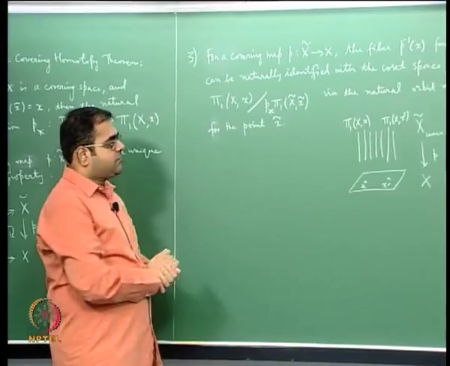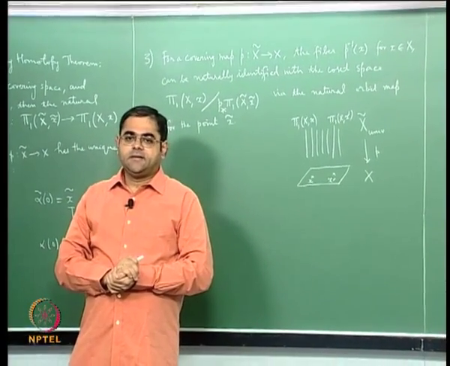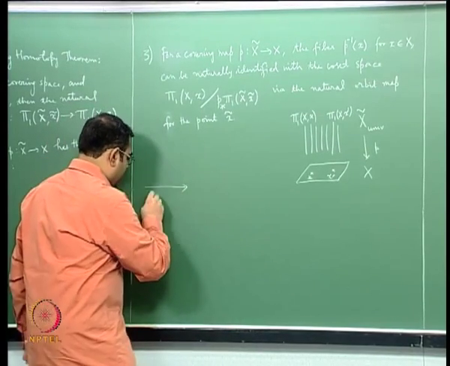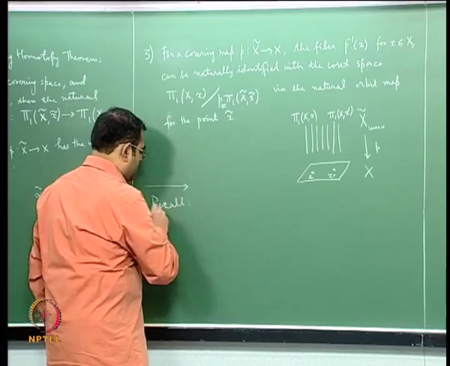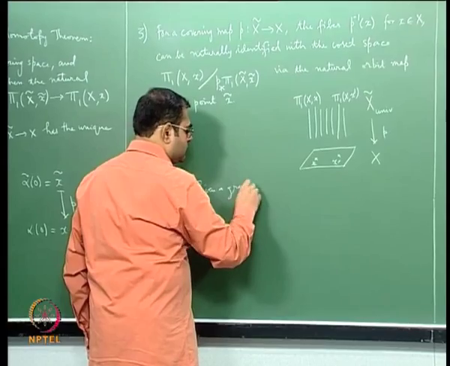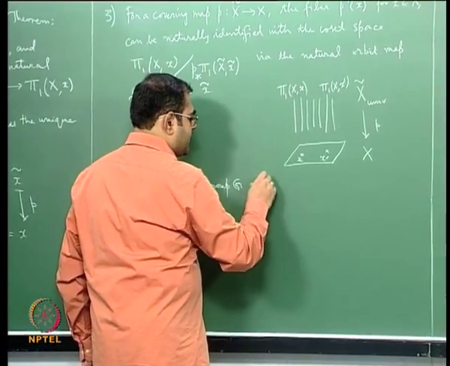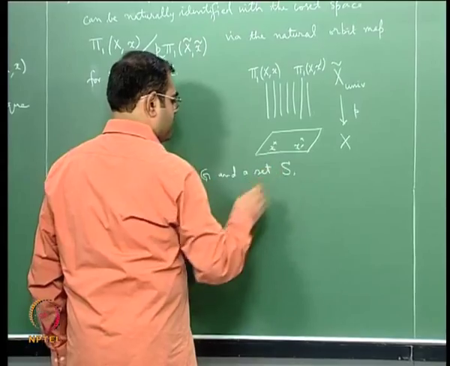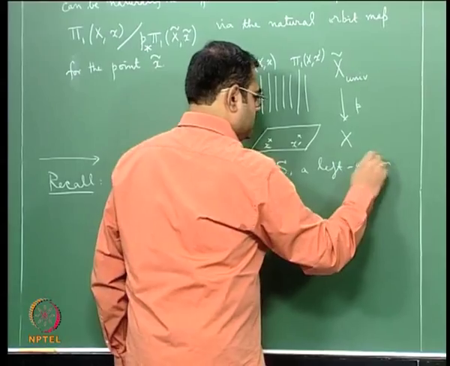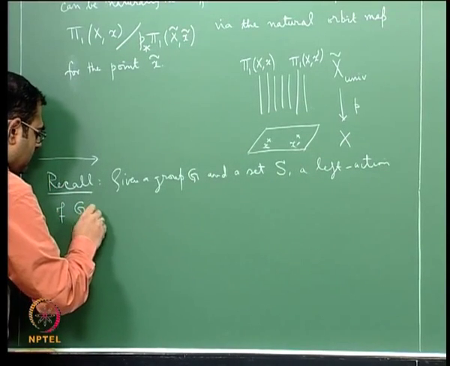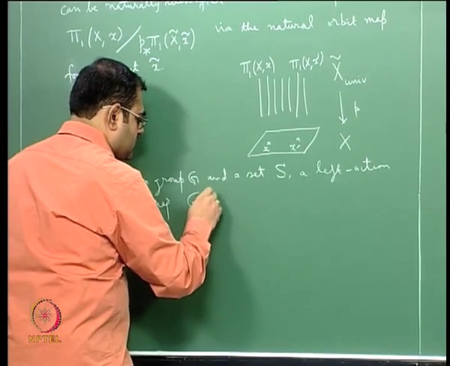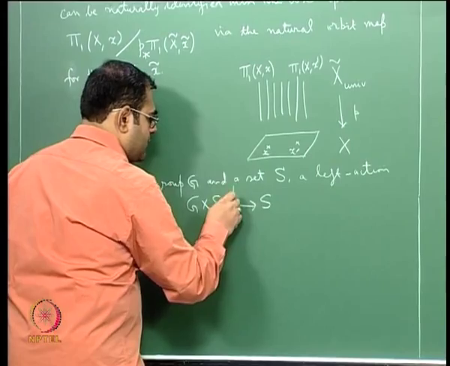For that I'll first begin by trying to explain the idea of group actions on a set. I'll quickly recall: given a group capital G and a set capital S, a left action of G on S is a map G cross S to S, let me call this mu.